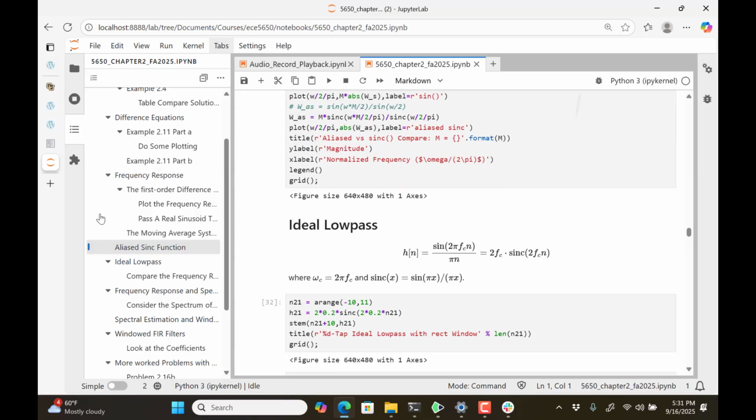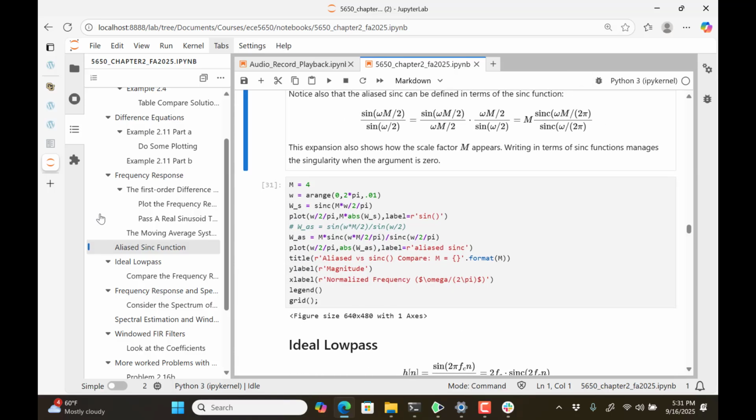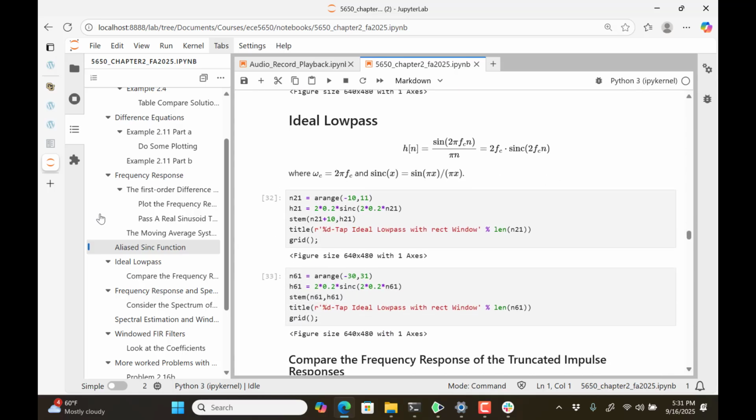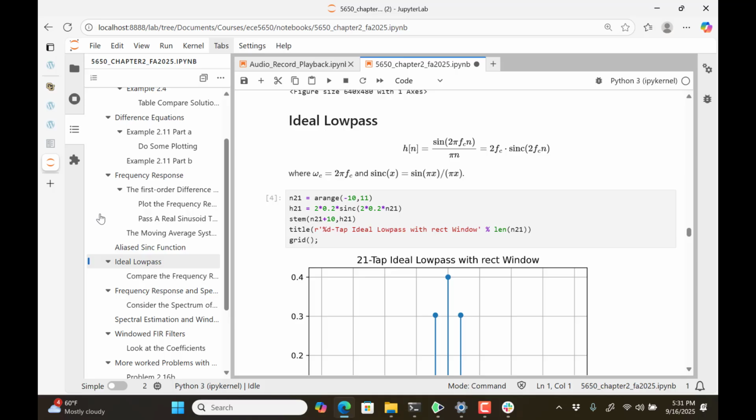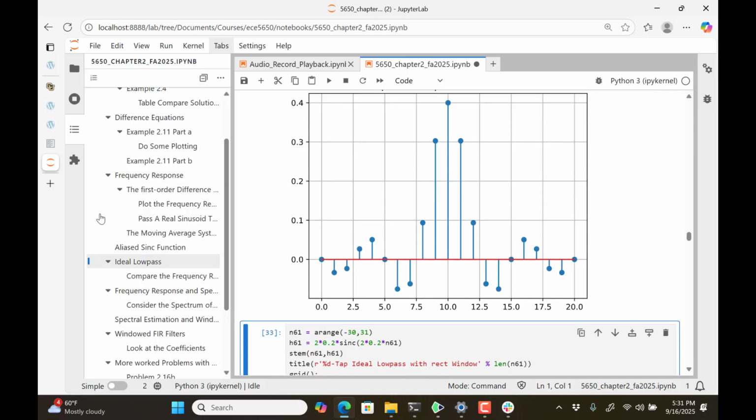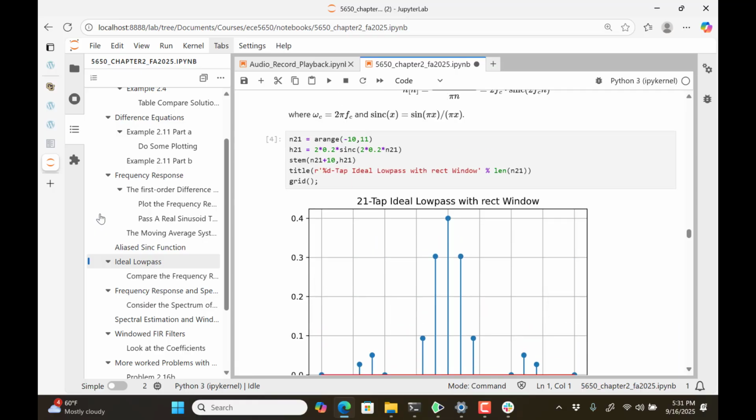There's the alias sinc function. Yeah, here it is right in here. So there's a low-pass filter that has 21 taps in it.